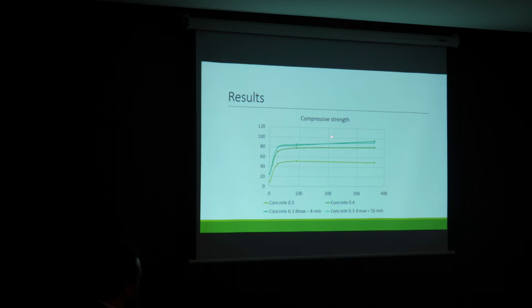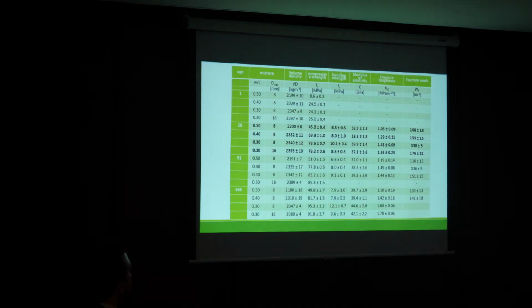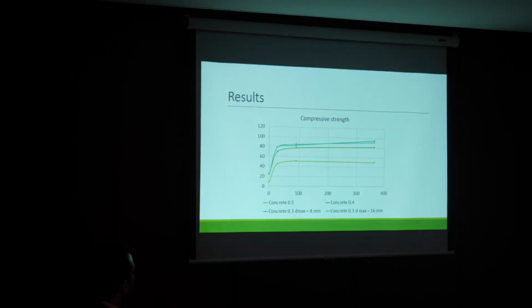It is almost the same. You see here that after 28 days it is 78 and 79. It is almost the same because it is a mechanical test, compression, and from this we derive the Young's modulus and so on.